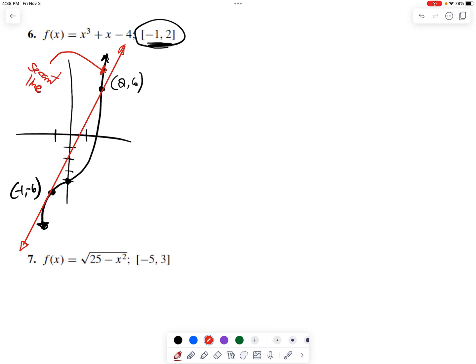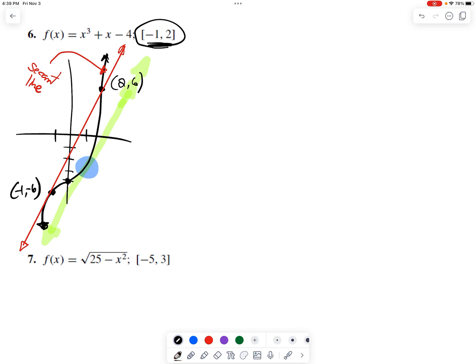Somewhere in that function, again if conditions are met, there's going to be a number where the slope of the tangent line through that point is equal to the slope of the secant line. It looks roughly somewhere in here, in that area. We can find it. It looks like there's only one. Here's how we do it.